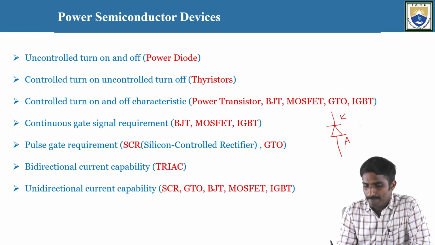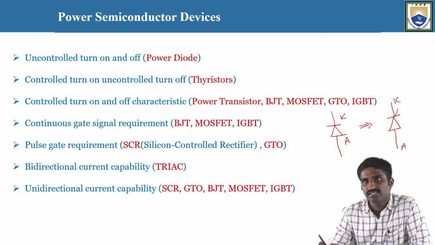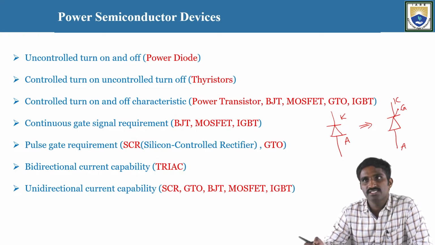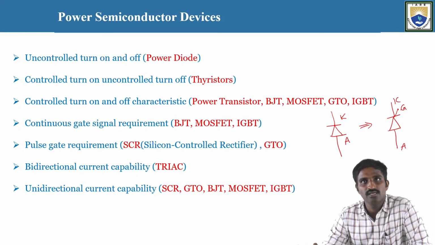When coming to the thyristor, similarly, this is the cathode and anode. The extra signal the thyristor has is the gate signal. By using this gate signal, we can turn on the thyristor.